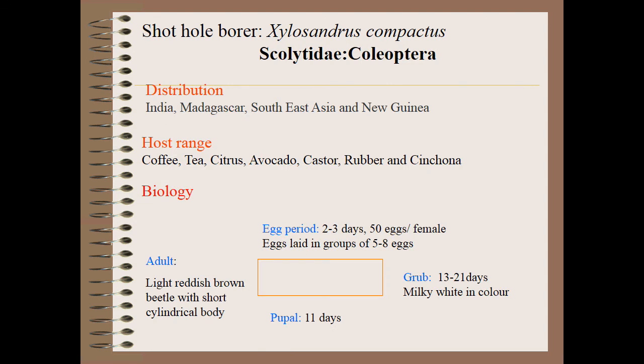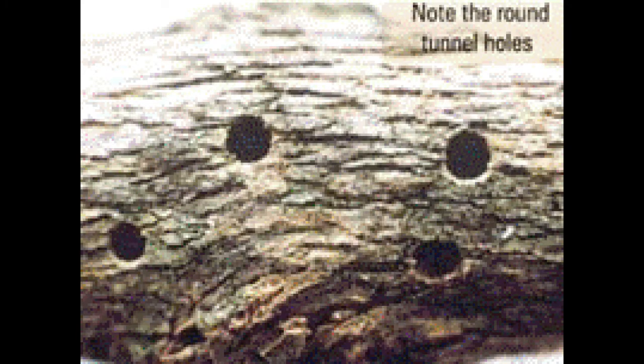Next one is the shot hole borer, Xylosandrus compactus, Scolytidae, Coleoptera. Here the egg period is about 2 to 3 days, 50 eggs per female, and eggs are laid in groups of 5 to 8 eggs. The grub is milky white in color, pupation is about 11 days, and the adult is a light reddish brown beetle with a short cylindrical body.